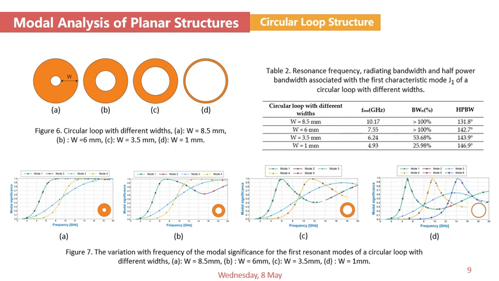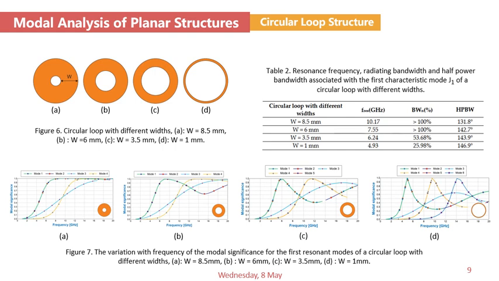The circular loops with widths of 3.5 and 1 mm are broadband radiators with an associated radiation bandwidth, and the modal quality factor gets bigger as the width of the loops increases.